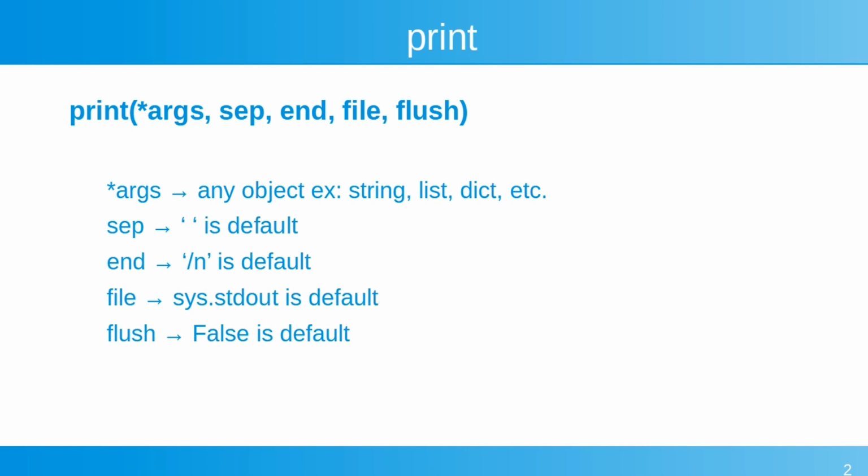We will talk about this when we come to function declaration and definition. As of now, understand that the print function can take n number of arguments, as well as other arguments like sep, meaning separator, end, file, and flush. These special arguments it can take as well.